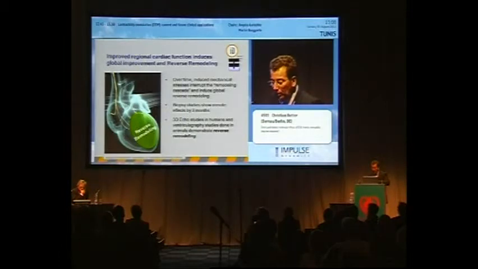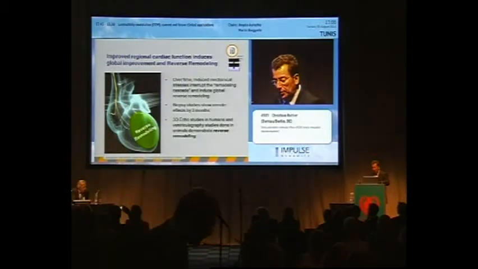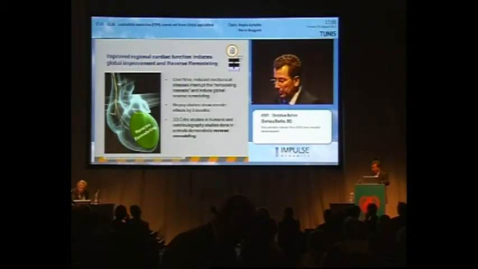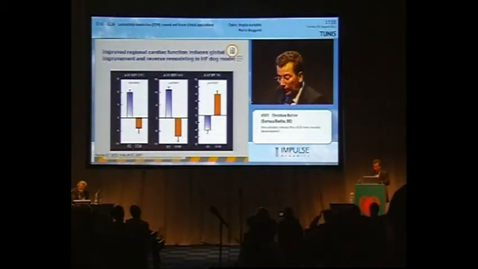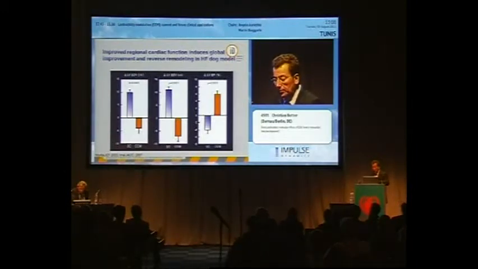And after all, we hope to see the reverse remodeling. That means after inducing those molecular protein changes, we might end up with a reverse remodeling. That means a reduction of end diastolic volume as seen here in animals, in the dog model, in a 3D measurement.